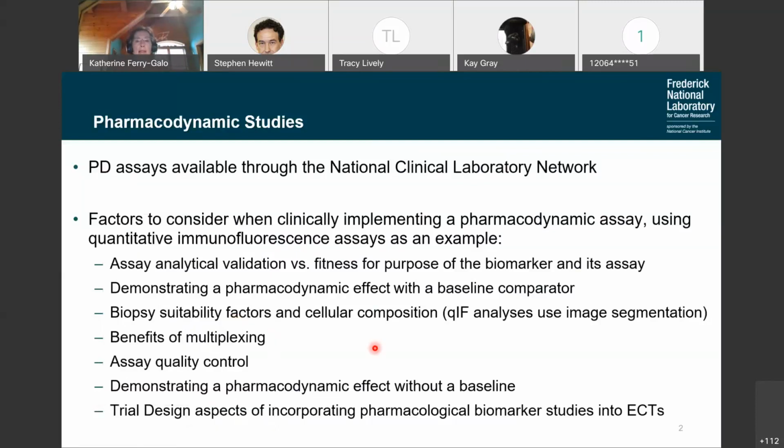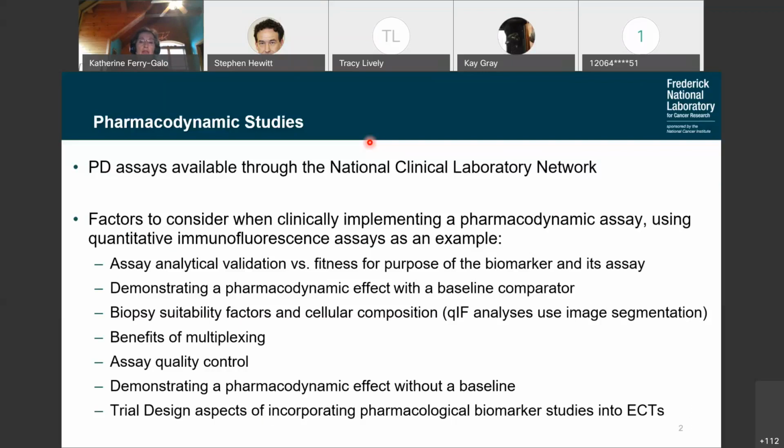So before I get into the main portion of the talk, to Tracy's important comment, one of the more important things to know when you have the desire to implement a pharmacodynamic study as part of an early phase clinical trial is really knowing who to collaborate with and what your resources are.